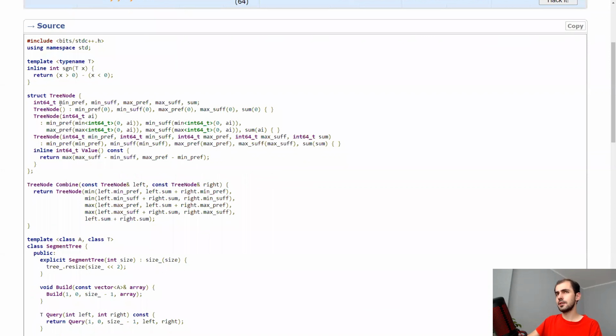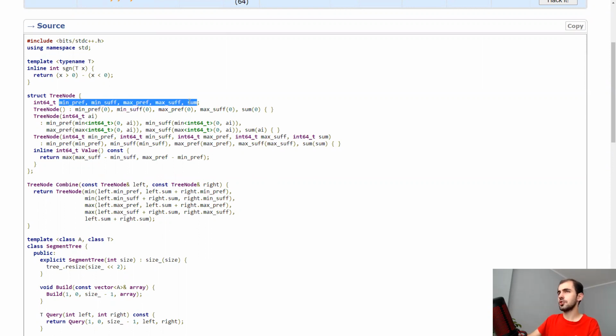So our tree node turns out it's enough to store 5 integers for each subarray. Maybe it's possible to store even less data, but who cares? So what I store is minimum prefix, minimum suffix, maximum prefix, maximum suffix, and sum of the entire segment.